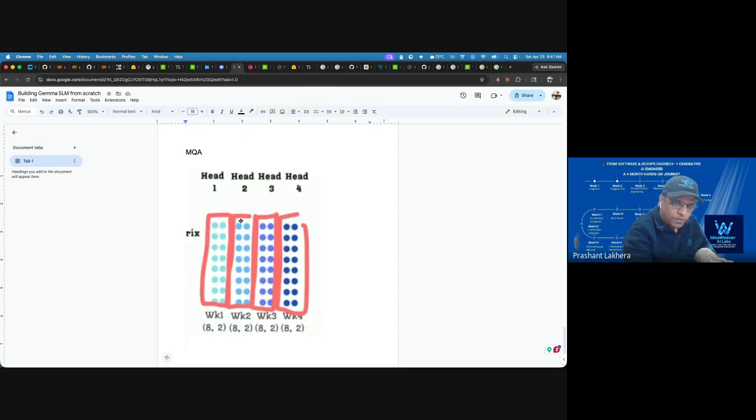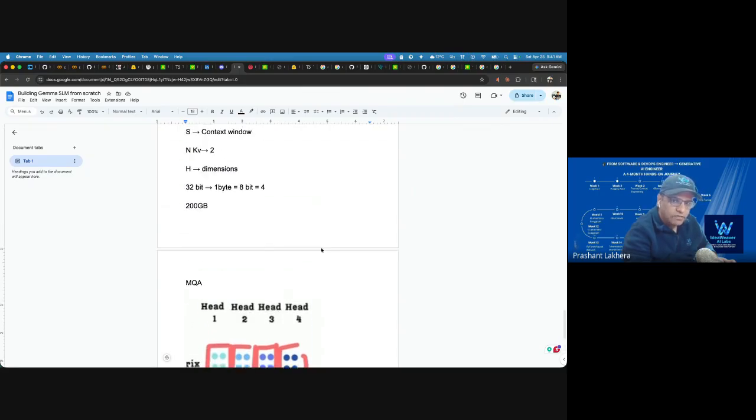They just copied the first key matrix to here, to here, and to here. Same thing they have done for the value matrix. They copied the value from here to here and to here. So now all the heads have the identical key matrix and value matrix.